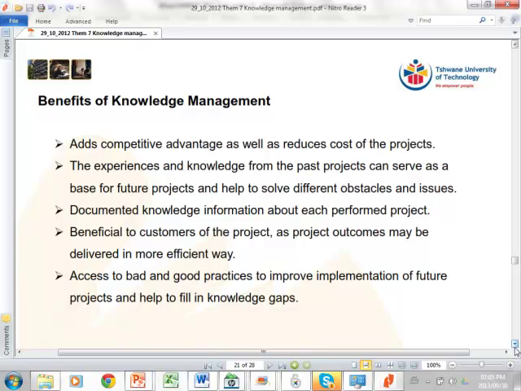Documented knowledge information about each performed project is beneficial to customers of the project as project outcomes may be delivered in a more efficient way. So next time we can do the project better. And access to good and bad practices to improve implementation of future projects and help to fill in the knowledge gaps.